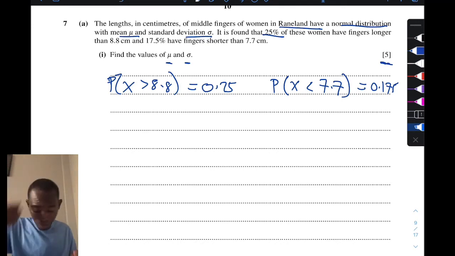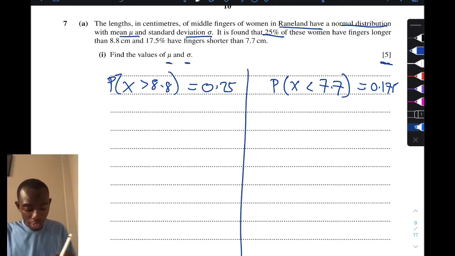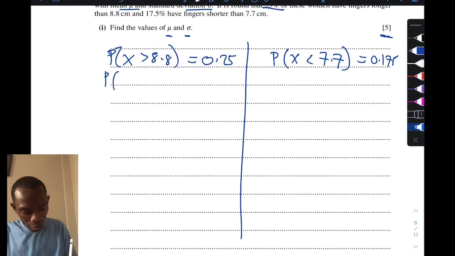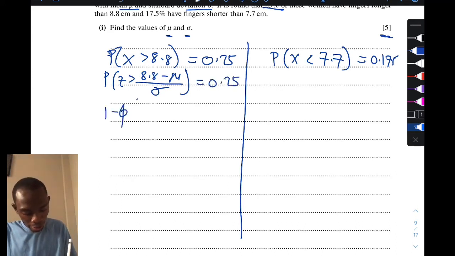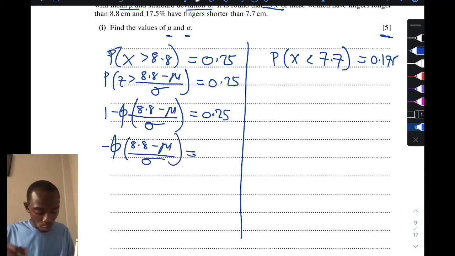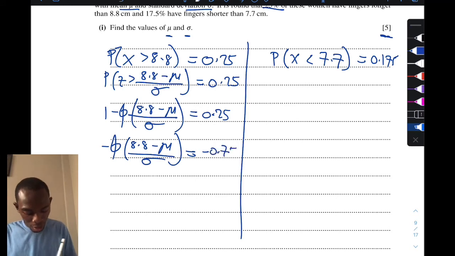Yeah, great. So now let's standardize both and then solve it. So that will be probability of z is greater than 8.8 minus mu over standard deviation is equal to 0.25. So we have 1 minus phi of 8.8 minus the mu over the sigma is equal to 0.25. So 8.8 minus that over this is equal to 0.25 minus 1, I think that's negative 0.75.